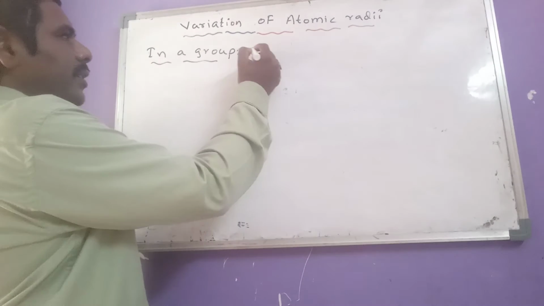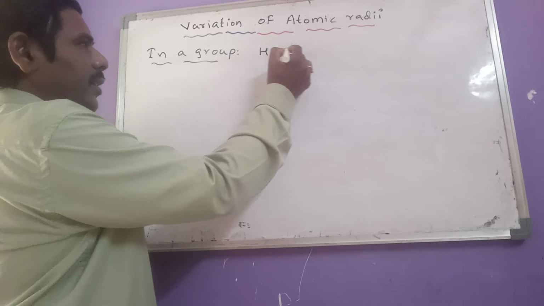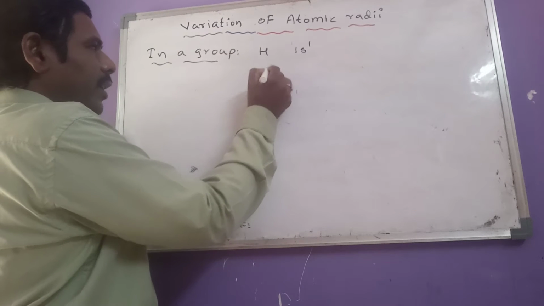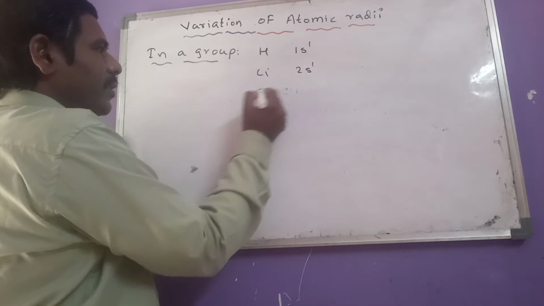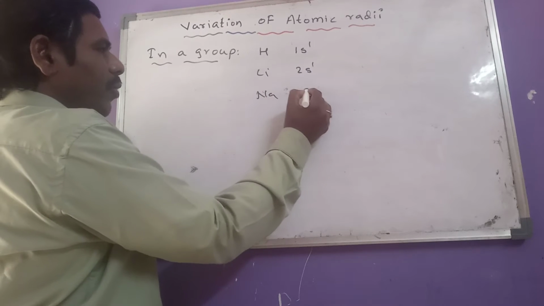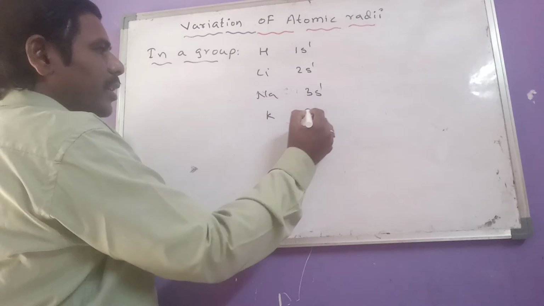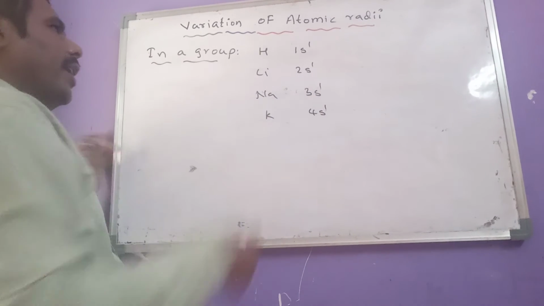Let us consider first group elements: hydrogen configuration 1s1, lithium configuration 2s1, sodium outer configuration 3s1, potassium outer shell configuration 4s1, like that.